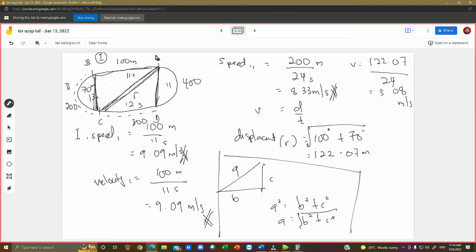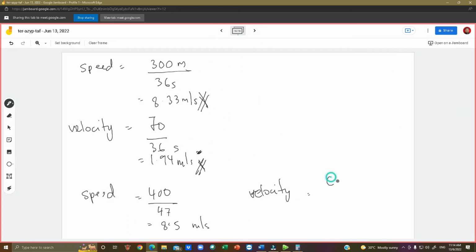Since it returns back to the original position, the displacement is 0. So there is no velocity.